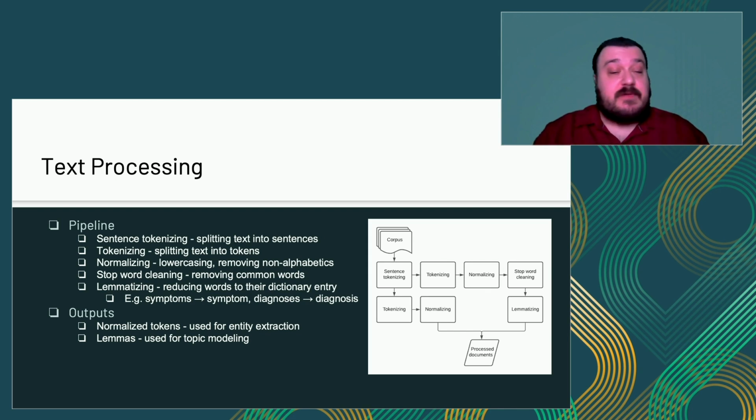And lemmatization, similarly, could potentially be aggressive depending on what tool you're using for it. Same with stemming. So only do that on one side. And the outputs are going to be the normalized tokens from the simple branch of the pipeline and the lemmas from the more complex part of the pipeline that we're going to use for topic modeling.